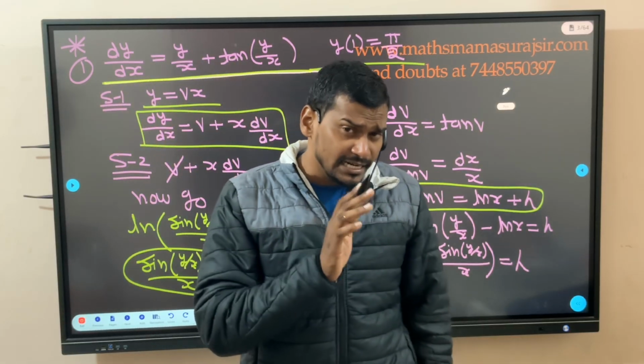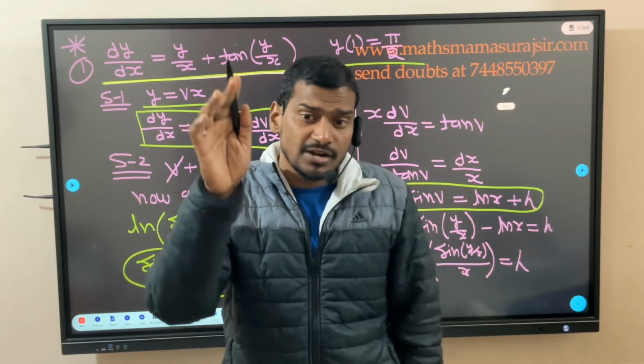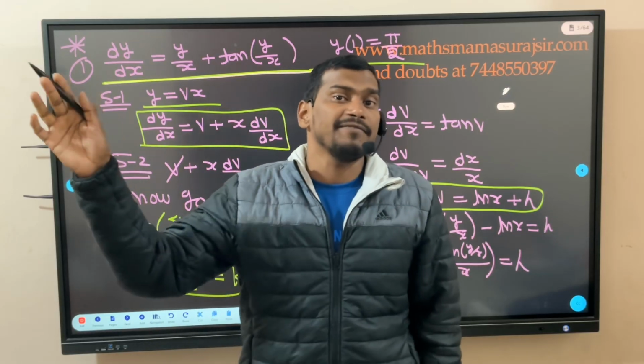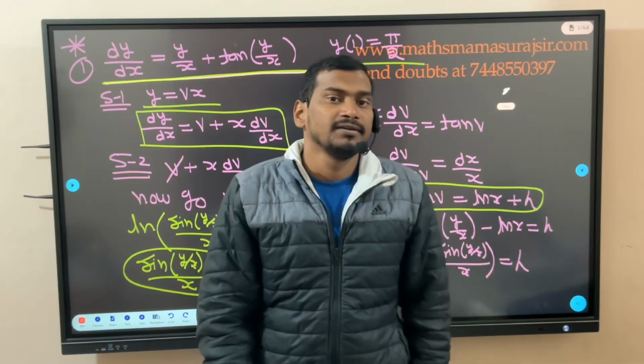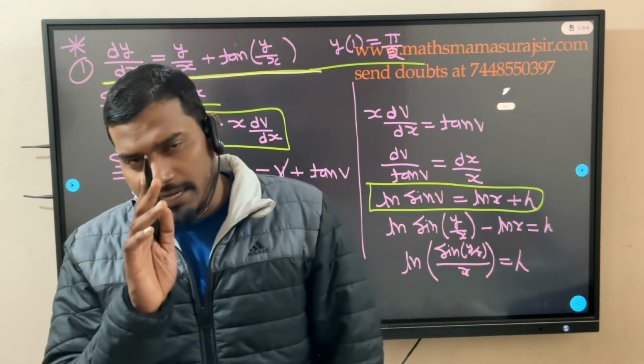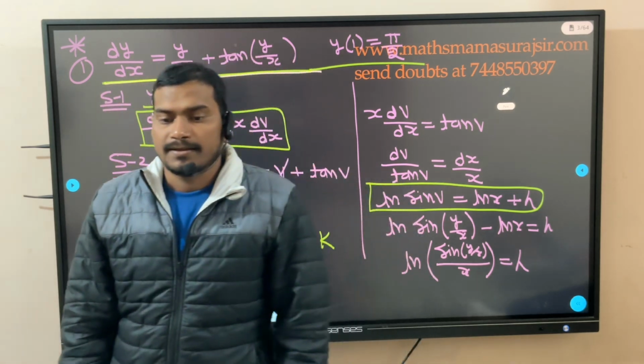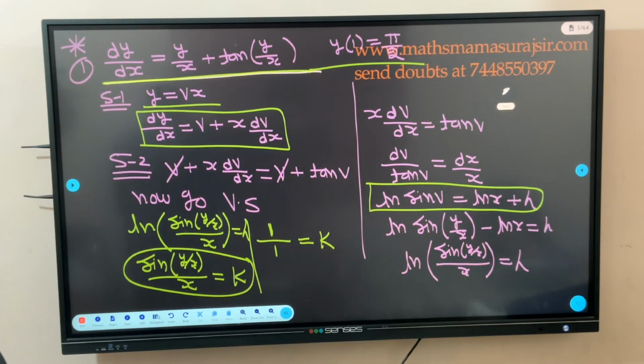If it contains 10 terms, 9 terms have the same power and the 10th is different, still we will say not homogeneous. All must have the same power. That is the clear-cut definition I have given you, and you will never be confused with this, guys. Chalo.